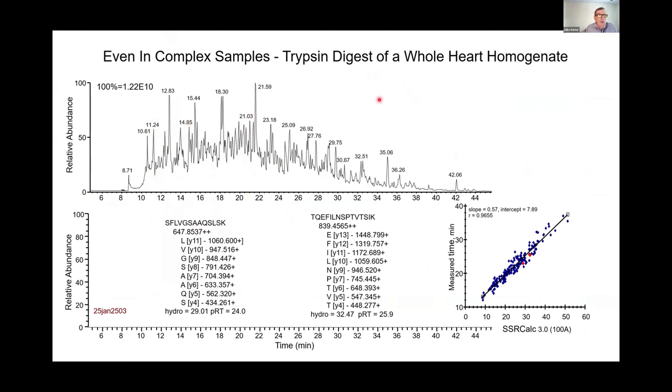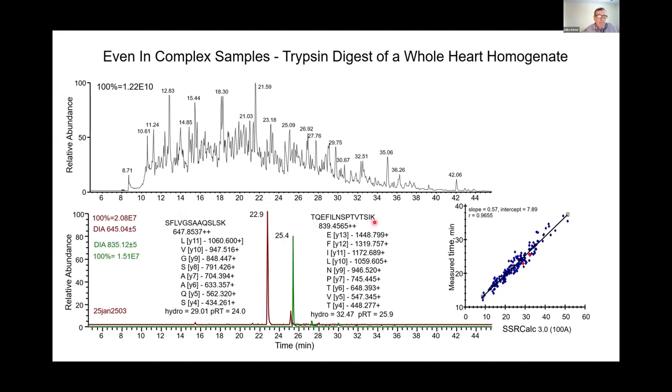Essentially what we're doing, and this is a trypsin digest of a whole heart homogenate, is that these are two peptides that we would like to find. We ask the mass spectrometry system to show us first this series of fragment ions with this expectation of where they will be. And sure enough, we're able to see that chromatographic peak and know that we're detecting this particular peptide. And then the same for this other chromatographic peak.